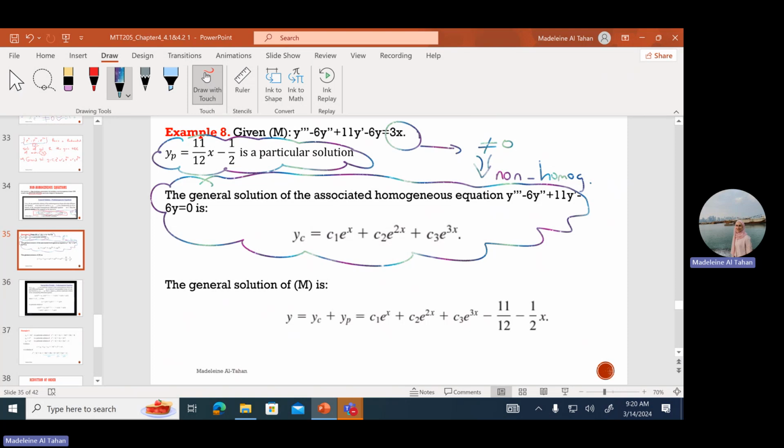So all we need to do is just add them up, the homogeneous part and the particular solution. Again, here everything is given, but later on in section 4.4, we will learn how to find the general and the particular solution. So this one is the solution of the homogeneous, and this one is the particular.